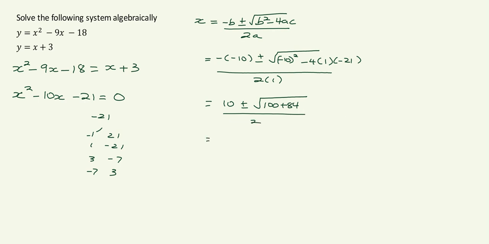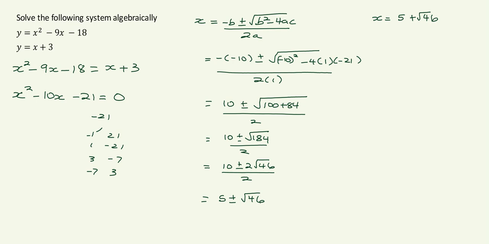We have 10 plus or minus square root of 184 over 2, which gives us 10 plus or minus 2 square root of 46 over 2, which is going to give us 5 plus or minus square root of 46. So we have x equal to 5 plus the square root of 46. We also have x equal to 5 minus the square root of 46.